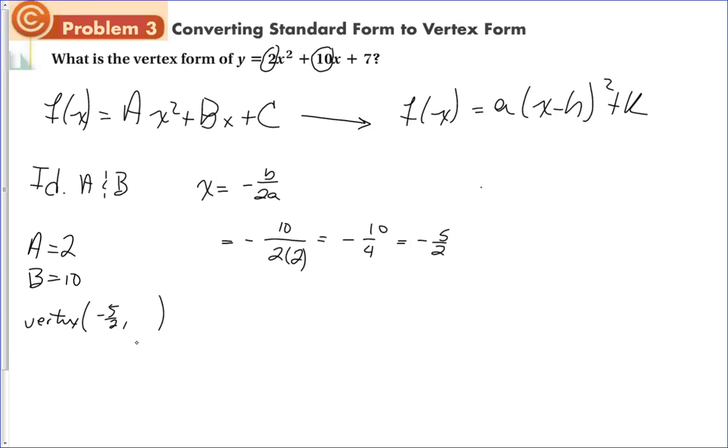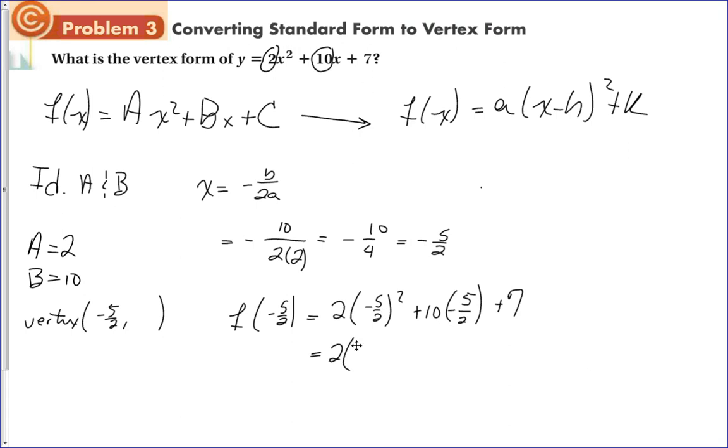Now we just have to find our k value, which is the y coordinate of our vertex. All we do there is find f of negative 5 halves, which is the x coordinate of our vertex. So we're just going to plug that in: 2 times negative 5 halves squared plus 10 times negative 5 halves plus 7. When you square a fraction, you square the top and the bottom individually.